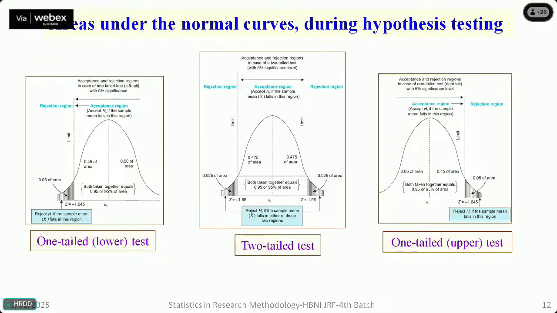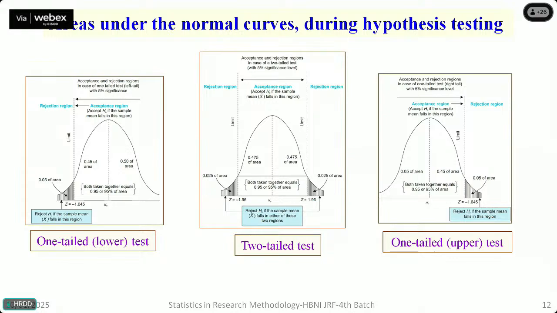If it is a symmetrical two-tailed curve, half of that alpha will be distributed symmetrically on either side. For the first and third figures, it was 0.05 of the entire area. Now 0.025 on the lower part, 0.025 on the upper part, summing up to 0.05.